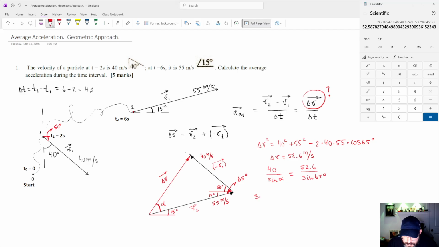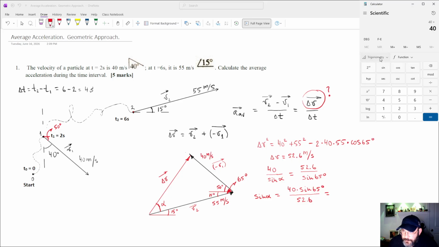Okay, so our sine alpha is equal to 40 multiplied by sine of 65 degrees divided by 52.6.